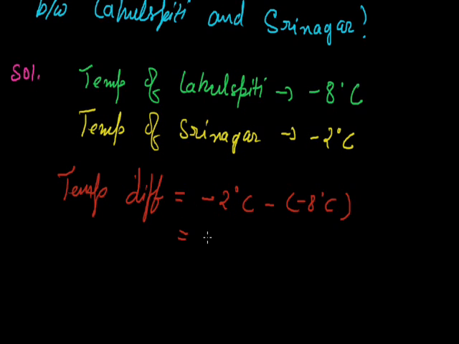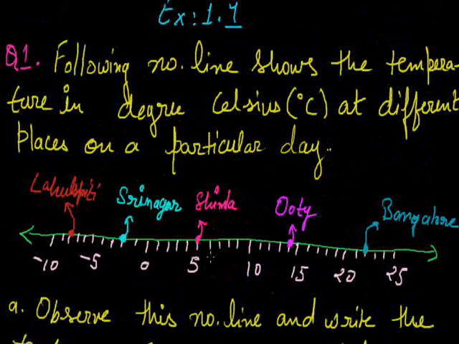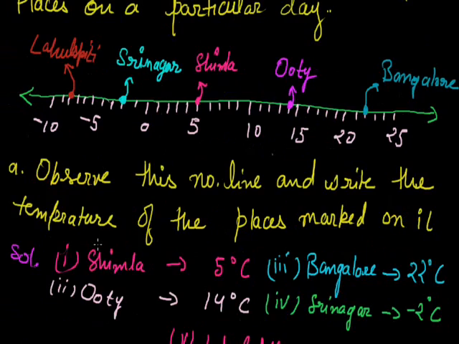So it will be equals to minus 2 degree centigrade, minus and minus will become plus 8 degrees centigrade, and plus 8 minus 2 will be equals to 6 degree centigrade. So the temperature difference between the two places is 6 degrees centigrade. You can also see this on the number line that we have to cross 6 divisions from Srinagar to get to Lahul Spiti. Here you can see 1, 2, 3, 4, 5 and 6. So the temperature difference between them is 6 degrees centigrade.